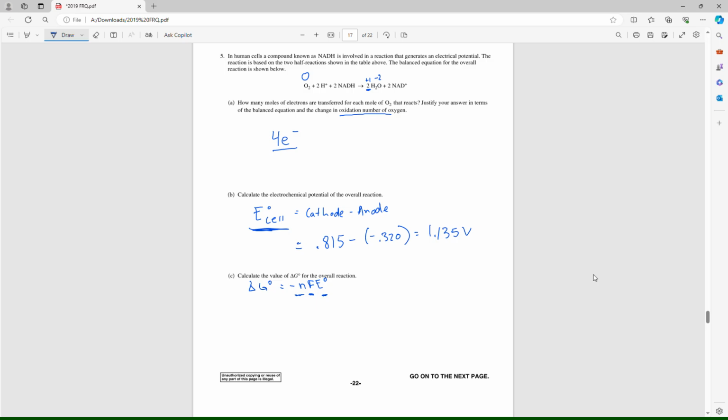So again, n moles of electrons, it was 4 moles of electrons. Faraday's constant, 96,500. And our E naught was 1.135. And that equals negative 4.38 times 10 to the 5th joules per reaction. Typically, the AP likes delta G to be in kilojoules, so we could convert that to kilojoules by just dividing by 1,000, and that would give us negative 438 kilojoules per reaction.